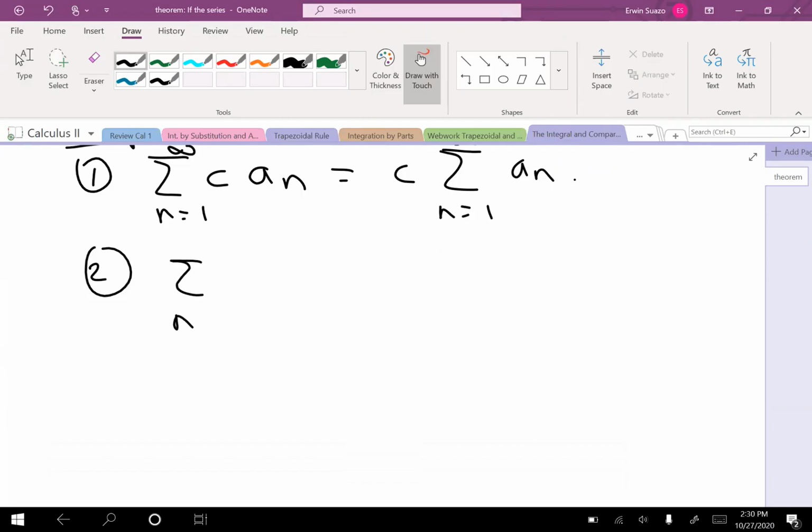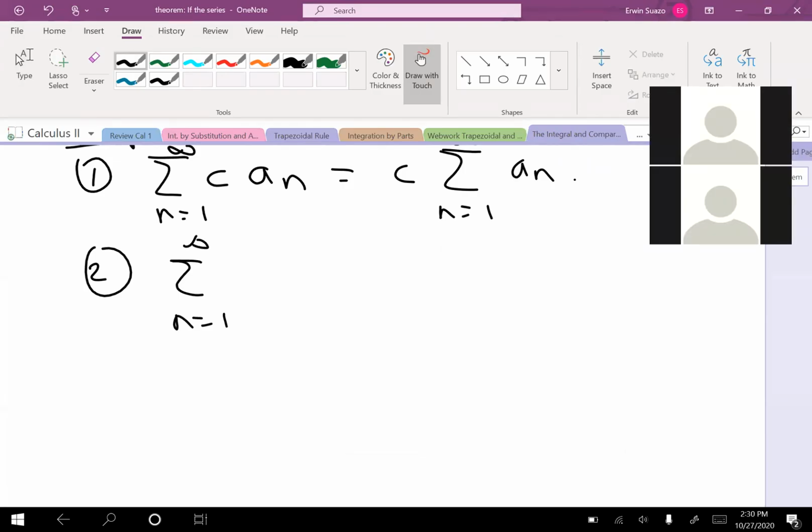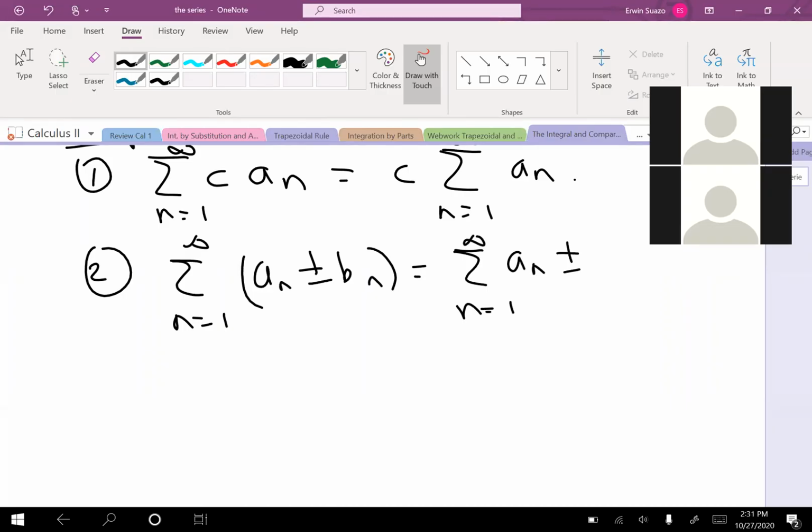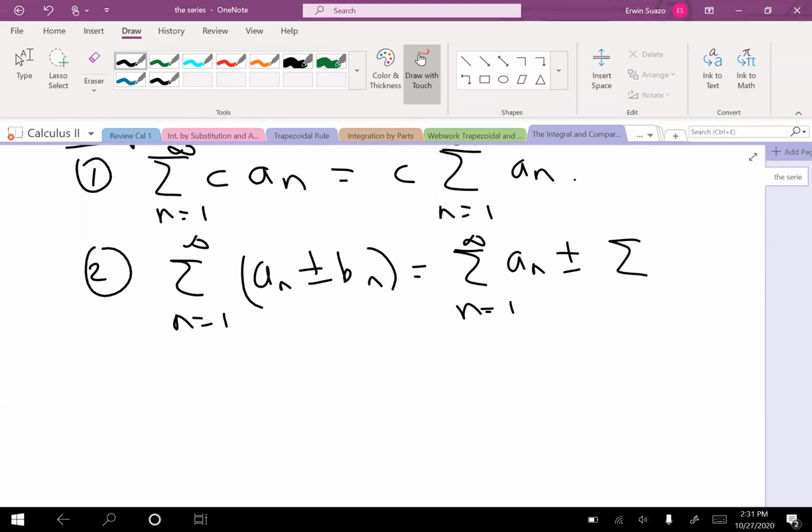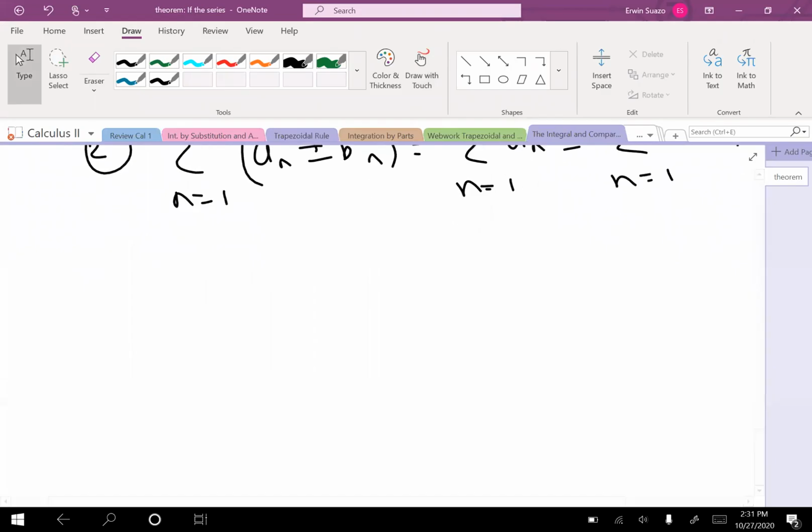So the sum from n equals 1 to infinity of a to the n plus or minus b to the n is the sum of the first one plus or minus the sum of the second one, if they are convergent. I'll give you more examples when we have more examples of convergent series. So far we only know that the geometric series is convergent.